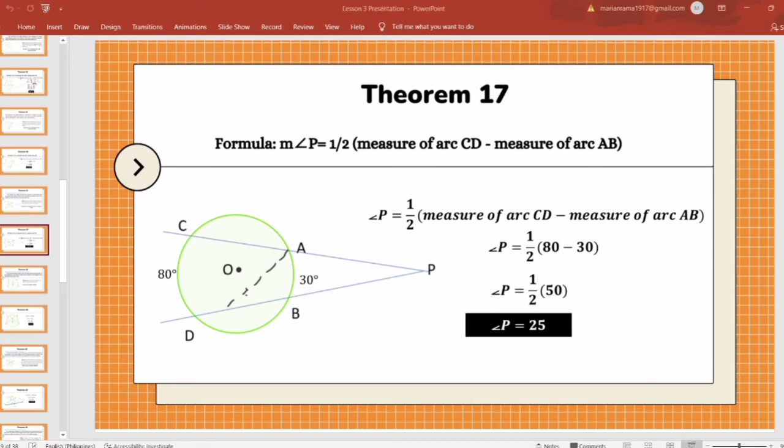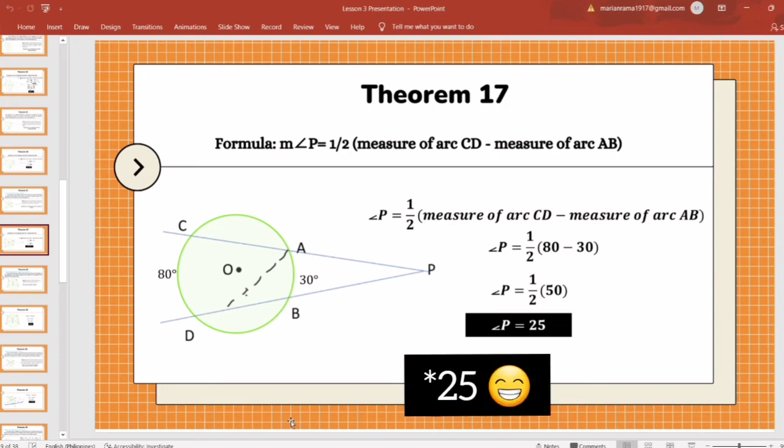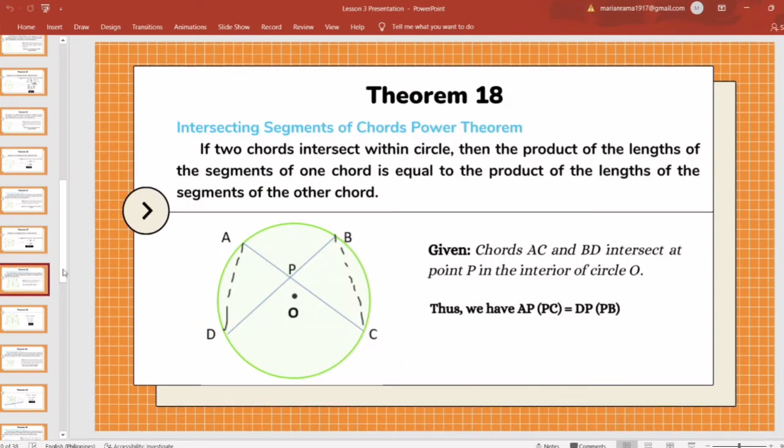So using the formula, we have 1/2 times the measure of our arc CD minus the measure of our arc AB. Then we substitute the given values of CD and AB. Then we have 80 minus 30. We have 50 divided by 2. Then our angle P is equal to 25.